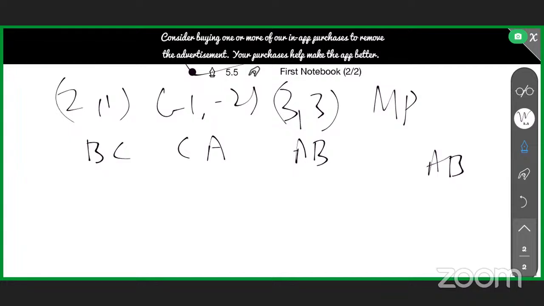The best thing in coordinate geometry: whenever you get a question, draw a small diagram. That is one of the shortcuts in coordinate geometry. A small diagram will tell you what exactly is happening.